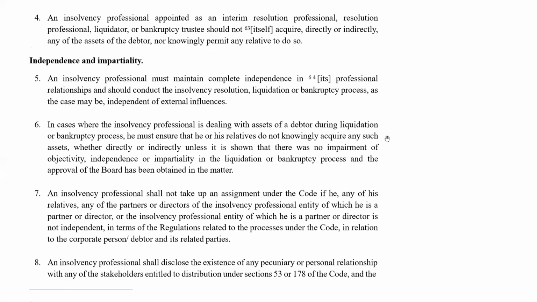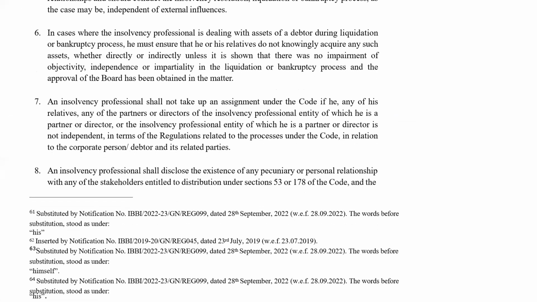Now let us particularly see this context. Here, under independence and impartiality, it says that an insolvency professional shall disclose the existence of any pecuniary or personal relationship with any of the stakeholders entitled to distribution under section 53 or section 178. Okay, 53 also we have read and 178 also we have read. 53 talks of the corporate scenario and 178 of bankruptcy of individuals and partnership firms.